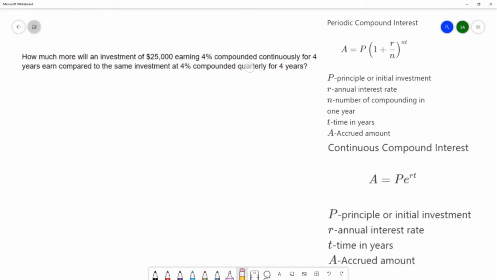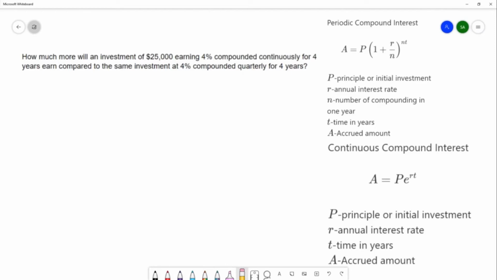Every quarter, interest gets added into the account. The other type is continuous compound interest, where instead of waiting for different periods of time, interest is continuously calculated and added into the account. The first account is described as being compounded continuously.